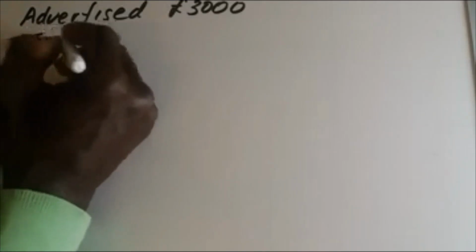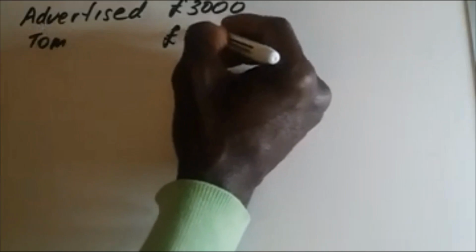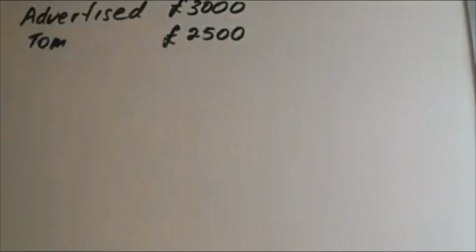Tom can afford to pay £2,500. That's all he can afford to pay. By what percentage will the price have to be reduced so that he can afford the car?